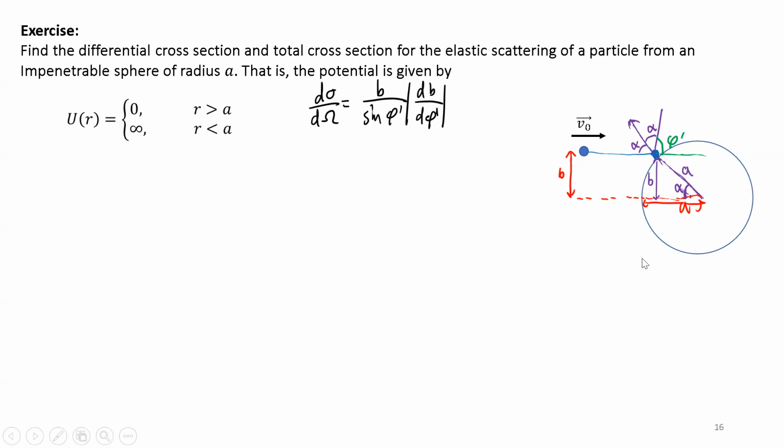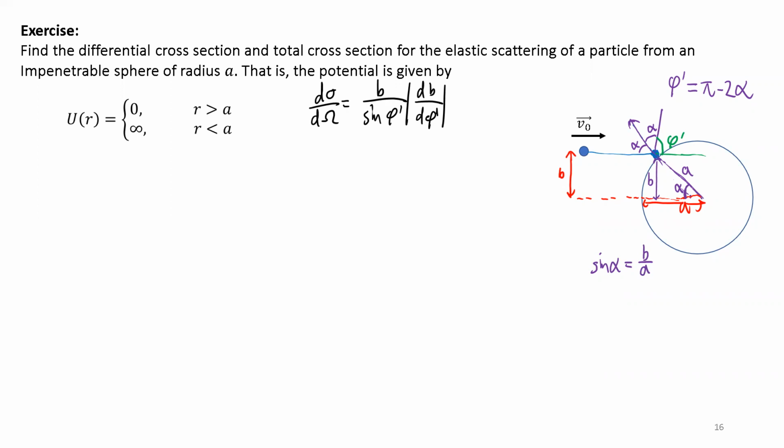So the first thing that we can notice is that this alpha plus phi prime is 180 degrees, right? So phi prime equals pi minus 2 alpha. The other thing is that if you look at this triangle in the sphere, you see that sine alpha is given by b divided by a.